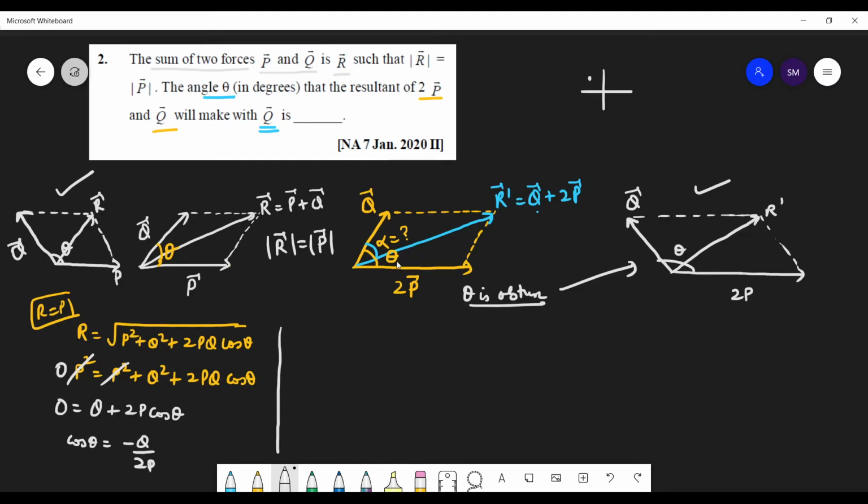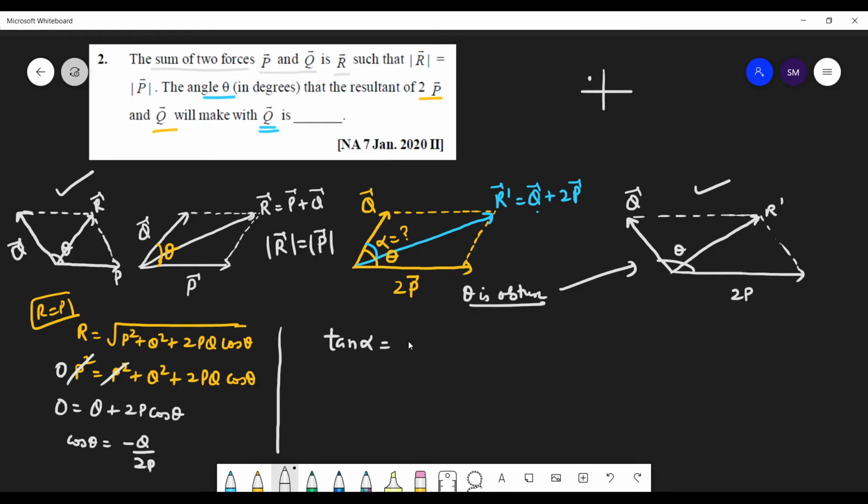Now let us see what information we have from this. Theta is the same here. Okay, but here we have to find this alpha. That's our target. So we need to include alpha. Which formula has alpha? The alpha formula is tan alpha.